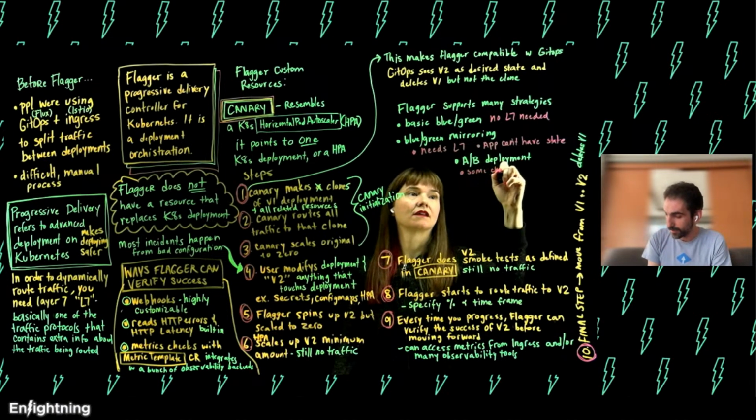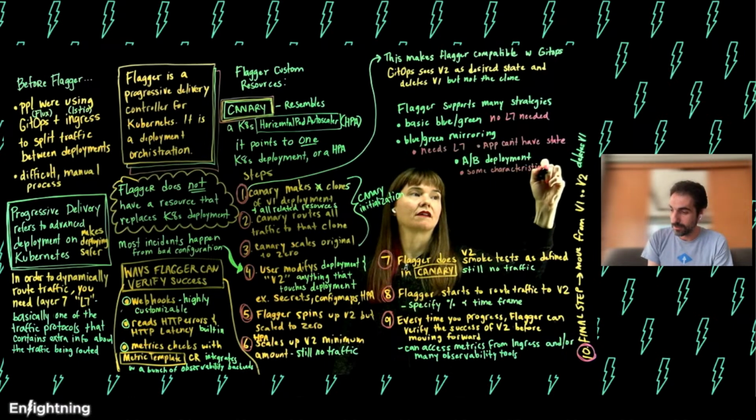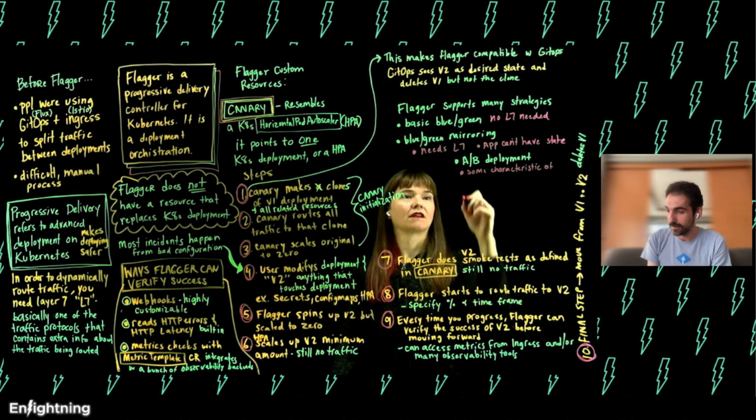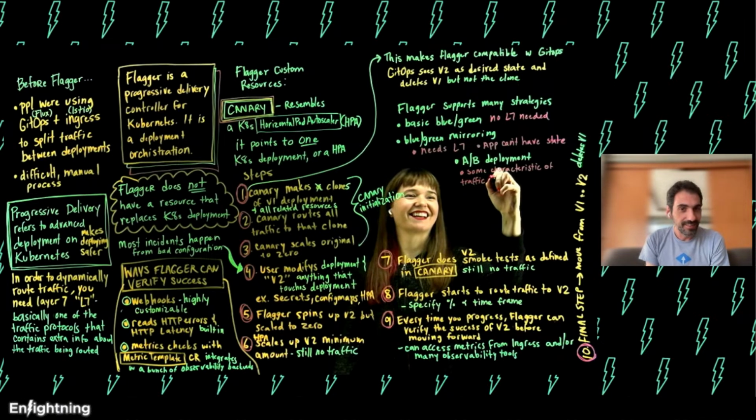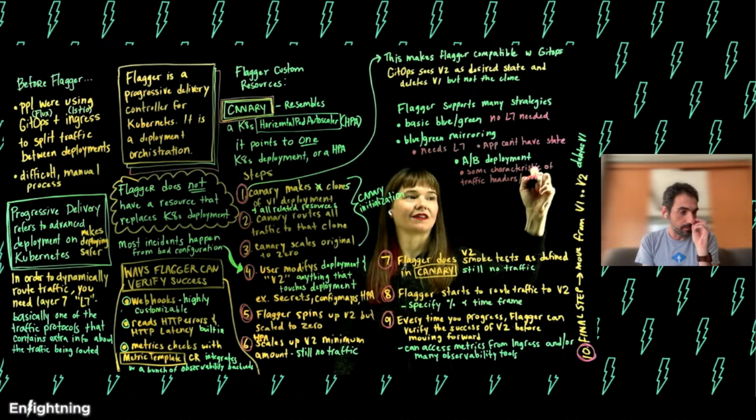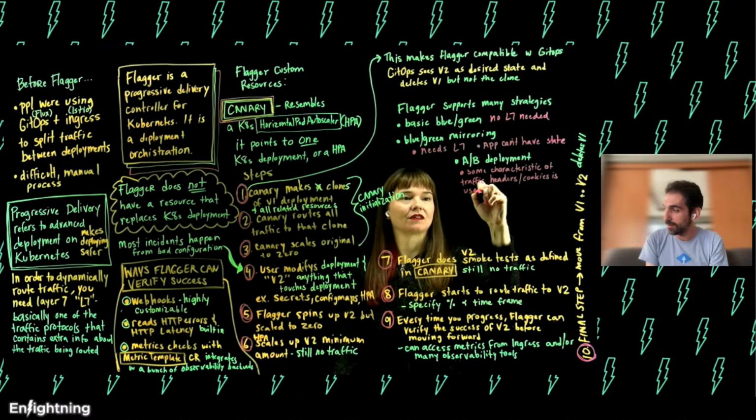A/B deployment implies traffic routing based on headers or cookies. Cookies are headers, so yes. But the cookie thing is quite powerful. How people are actually using A/B with Flagger is they inject custom cookies.